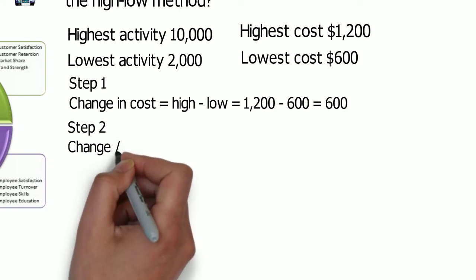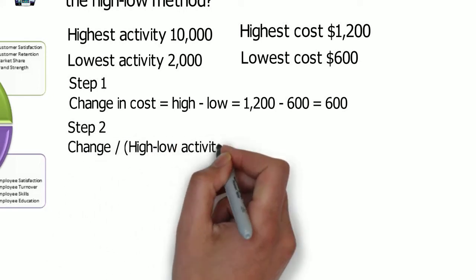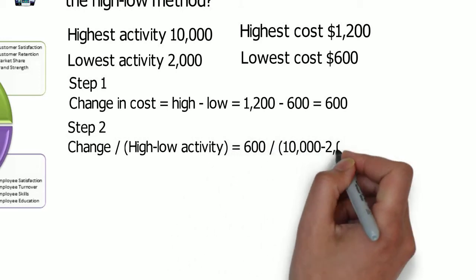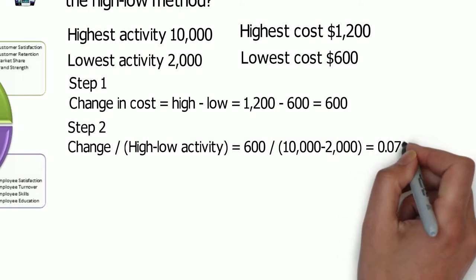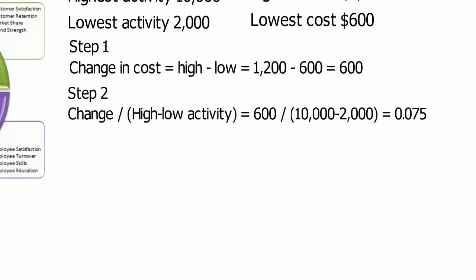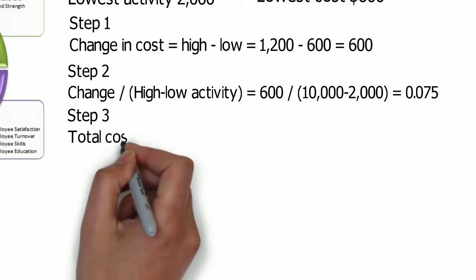And what we want to do when we calculate the variable costs is take that change in total costs of $600 that we've just calculated, and we want to divide that by the high minus the low units. So in this case, that will be 10,000 minus 2,000 units. So we're going to take $600 divided by 8,000 units, and that's going to give us an answer of 0.075 per unit. And so that is our variable cost piece of our utilities.